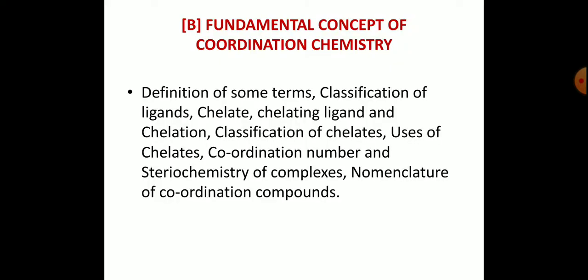Part B contains fundamental concepts of coordination chemistry: definition of some terms, classification of ligands, chelates, chelating ligands and chelation, classification of chelates, uses of chelates, coordination number and stereochemistry of complexes, nomenclature of coordination compounds.